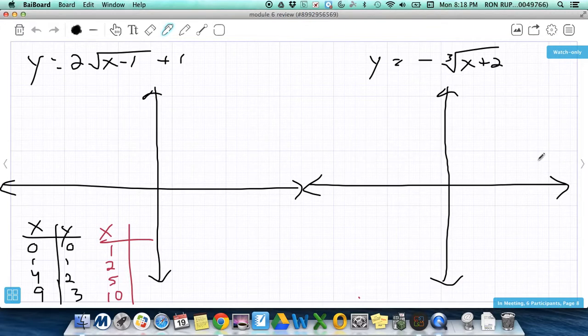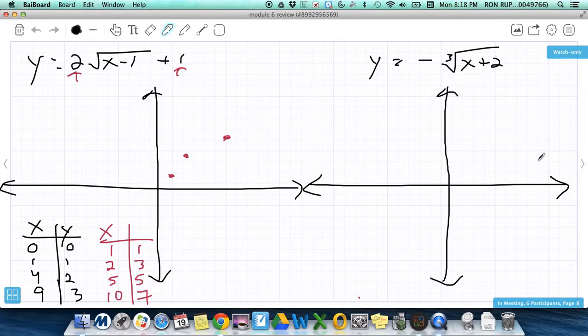So 0 times 2 is 0, plus 1 is 1. 1 times 2 is 2, plus 1 is 3. 2 times 2 is 4, plus 1 is 5. And 3 times 2 is 6, plus 1 is 7. So now I have my new points. I have 1, 1. I have 2, 3. I have 5, 5. And I have 10, 7.